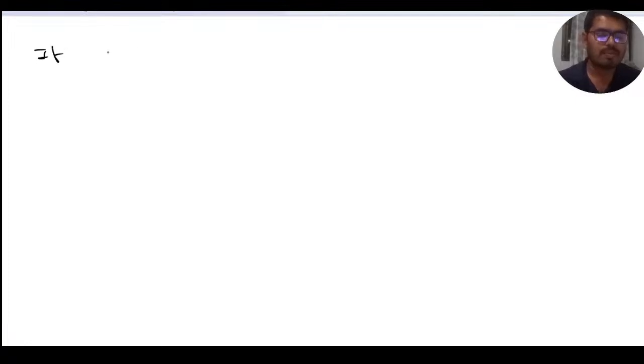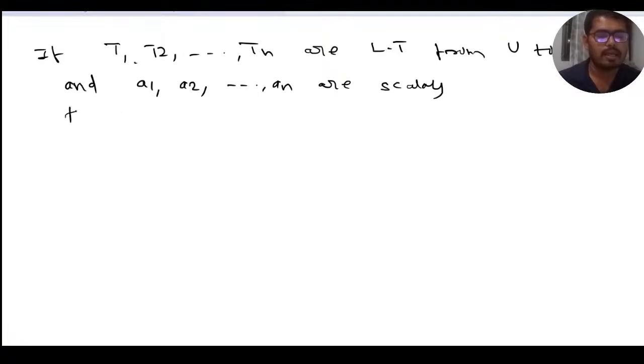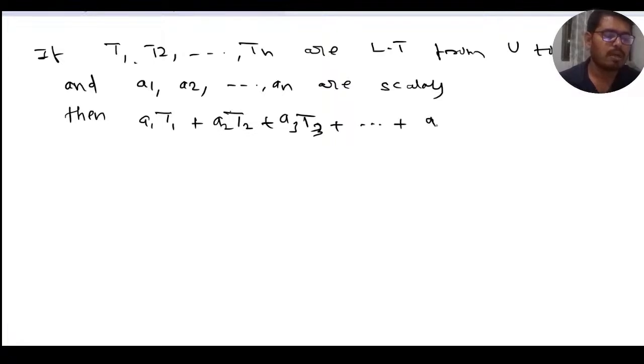That means if you take any linear transformations, suppose T1, T2 and so on up to Tn are linear transformations from U to V, and if a1, a2 and an are scalars, then their linear combination a1 T1 plus a2 T2 plus a3 T3 and so on up to an Tn is also a linear transformation.